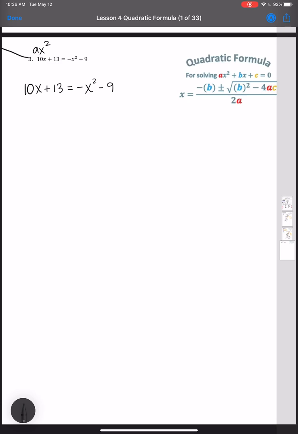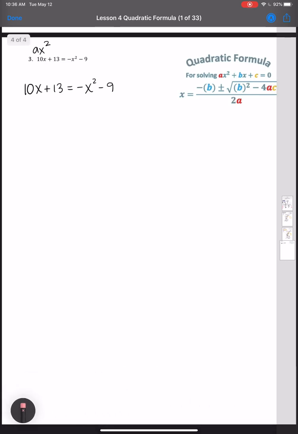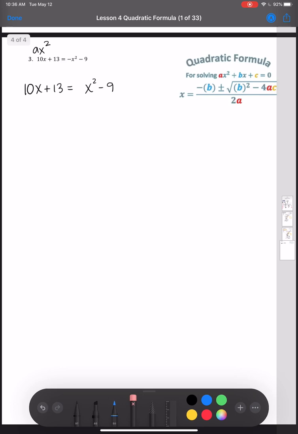Typically, you want to remember that you want your x squared to be positive. So if it's negative, you want to move whatever's on that side. If it's positive, you can move what's on the other side. I'm just showing you this as an example in case you come across it.